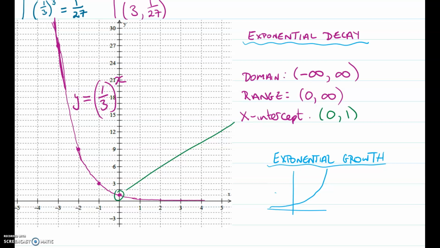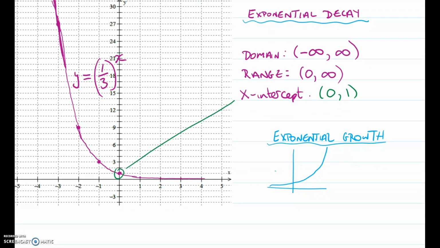Now, if you were to ask, how could you tell the difference between them before you start? Exponential decay has a fraction raised to a power of x. Fraction, when we say fraction, can be a decimal. It's a number less than 1. Okay, a number between 0 and 1.